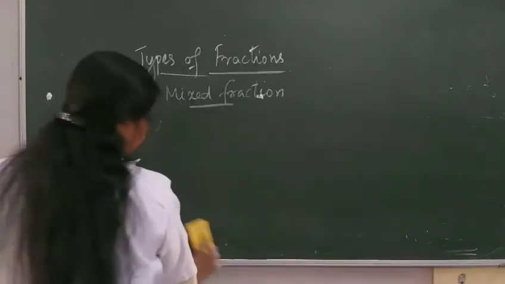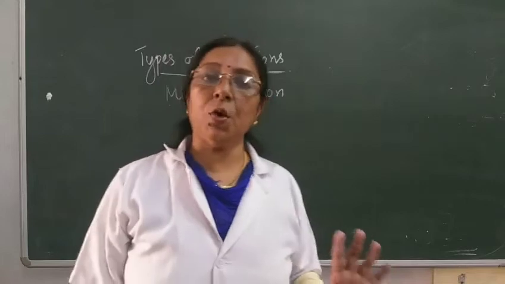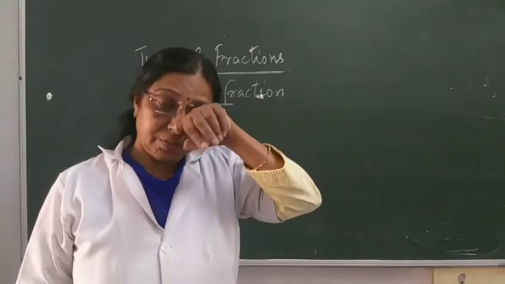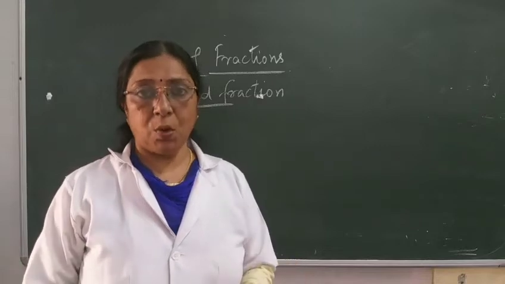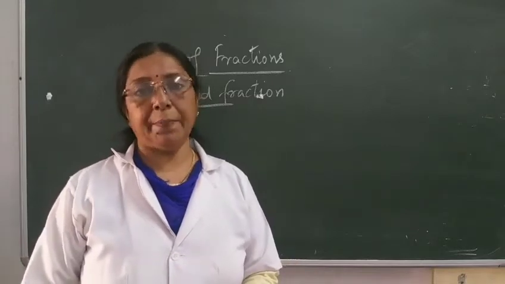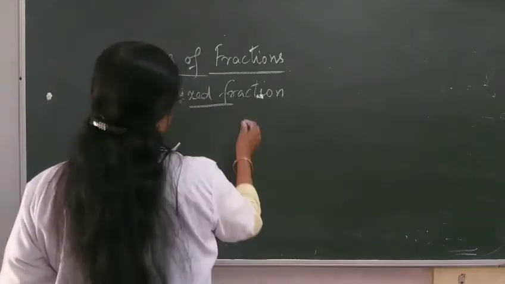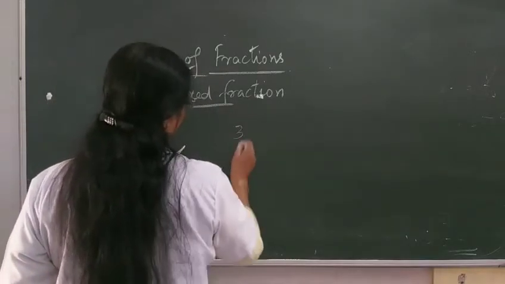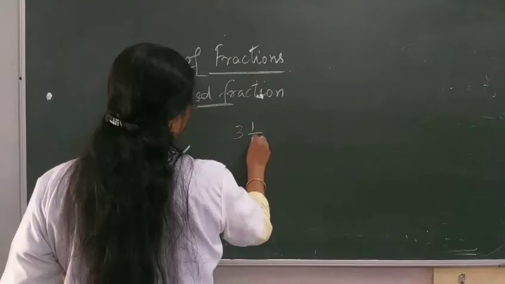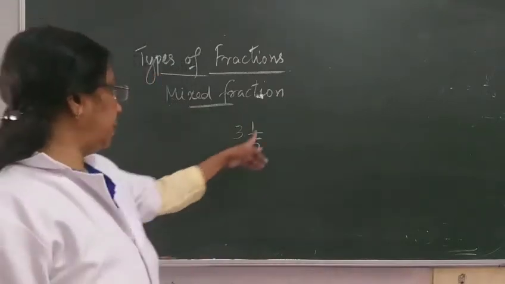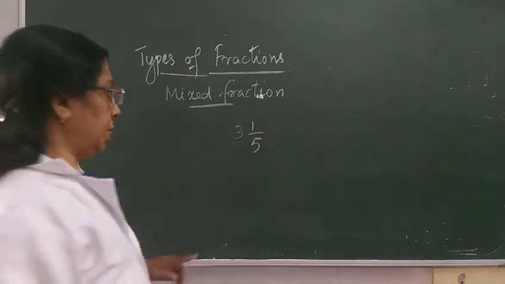A mixed fraction is the combination of a whole number and a proper fraction. So, this 3 is the whole number and this 1 by 5 is a proper fraction.